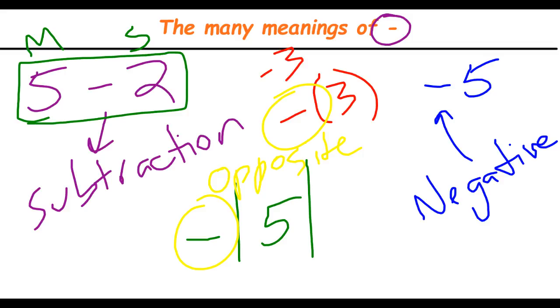We read the bottom one in green as the opposite of the absolute value of 5. Well, the absolute value of 5 is 5, and its opposite is negative 5. So when we read it carefully in situations like that, we can start to understand how the many meanings of that dash, being subtraction, opposite, or negative, can impact what we're doing.